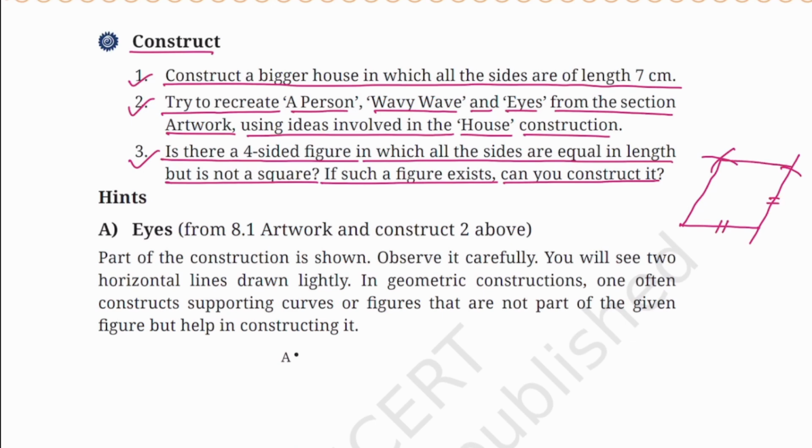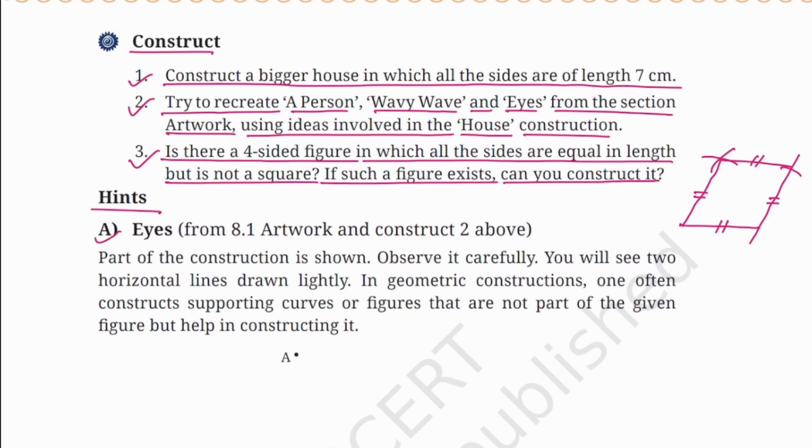Since this side is equal to this side and equal to this side and this side, you can say it is possible to construct a four-sided figure whose all sides are equal but corner angles not equal to 90 degree.